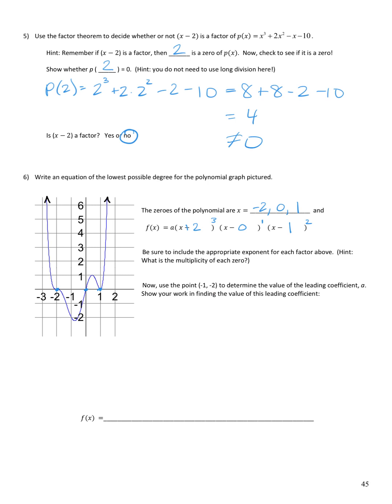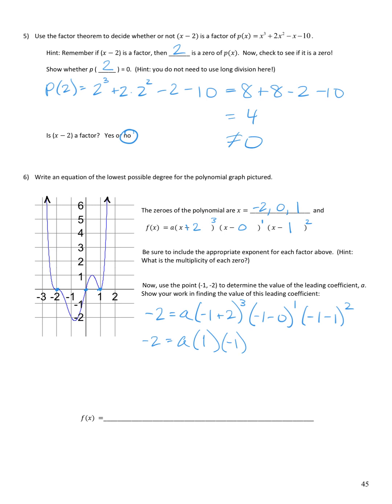So I have -2 equals a times -1 plus 2 cubed times -1 minus 0 to the first times -1 minus 1 squared. So -2 equals a times -1 plus 2 is 1, cubed is 1. -1 minus 0 is -1 to the first, which is -1.